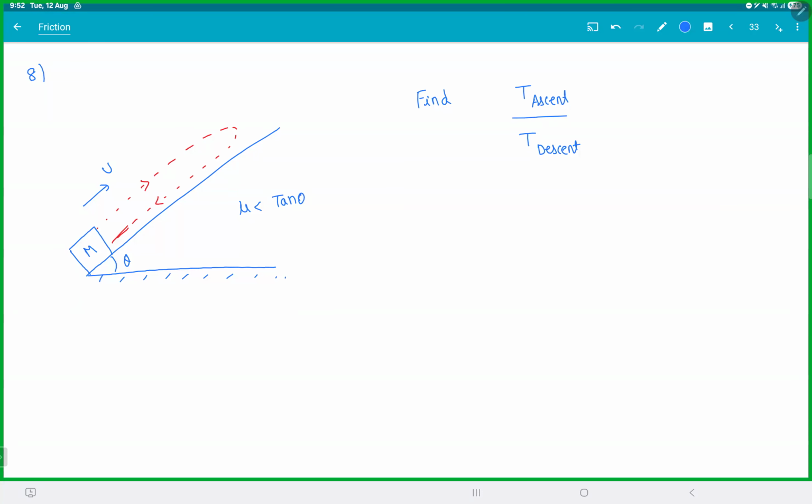This is not a tough one, but it is a lengthy one. Involves little working. Just figure out the direction of friction. While you're going up, friction is which way? Down. While coming down, friction is which way? Up the incline. So friction ka direction changes.